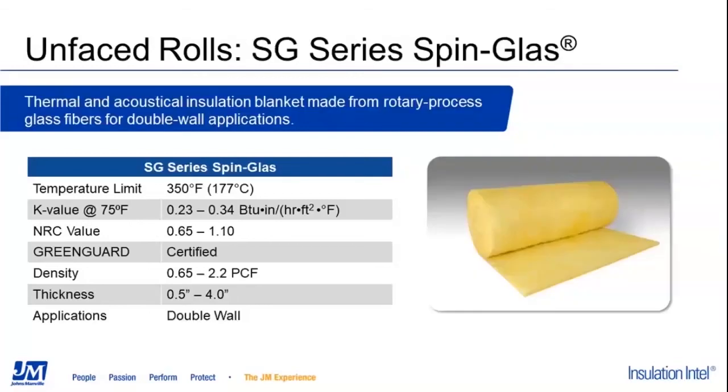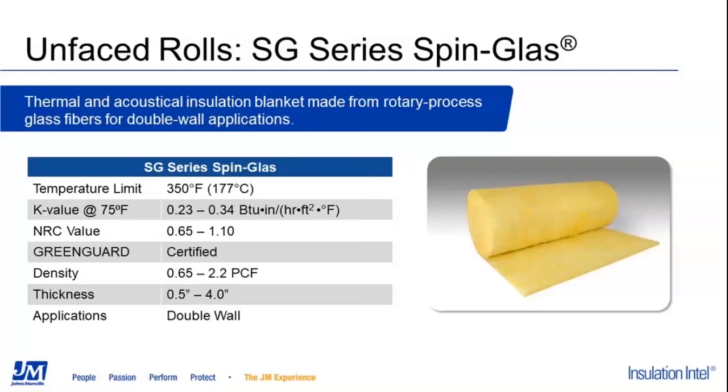Our next product is the SG series. Now this is a rotary process product, so compared to the Microlite that I just spoke about, they're produced using 2 different processes. This is a wonderful product with a wide range, like the Microlite, of density and thickness combinations available.